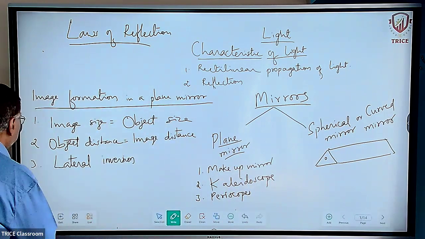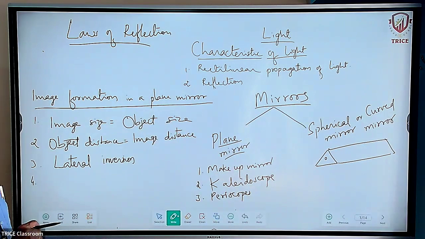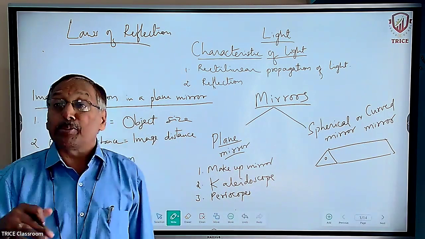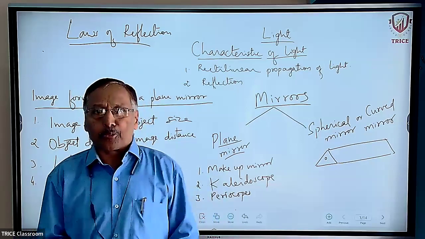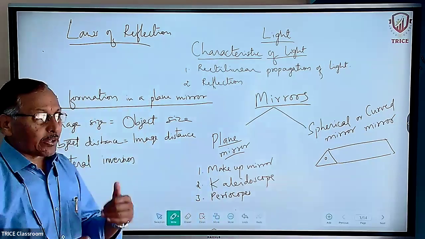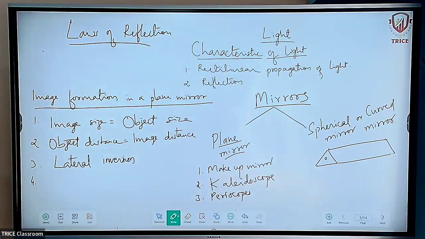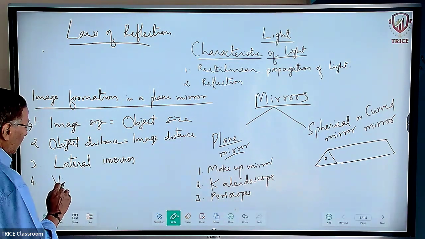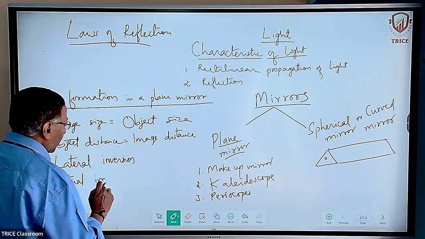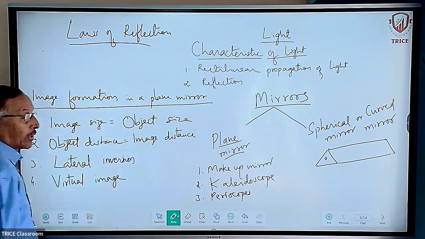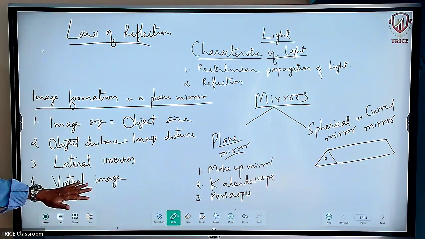And fourthly, where do you see the image? You see the image behind the mirror. Can you get the image on a screen? No. So the image which appears behind the mirror, which cannot be captured on a screen, is called as a virtual image. So the image formed is a virtual image.